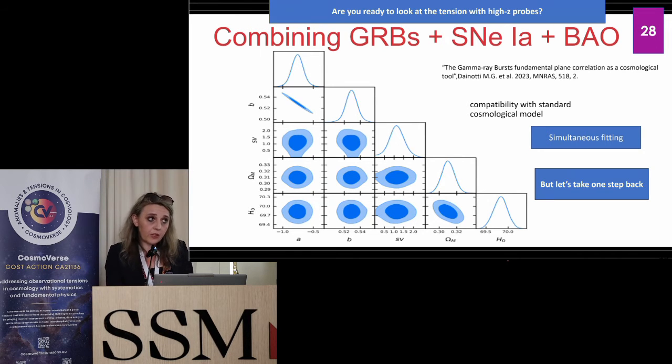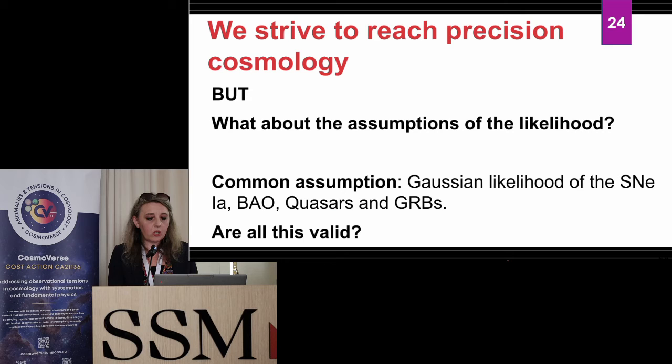In the simultaneous fitting, when we don't calibrate with supernovae, the likelihood that matters the most is the one that has a smaller uncertainty and also larger numbers, the supernovae. Because GRBs have larger scatter and are smaller in number, they weigh less if we consider the parameters altogether. But I think we should take one step back here, because what are the assumptions of the likelihood?